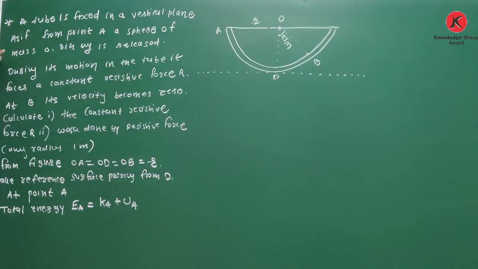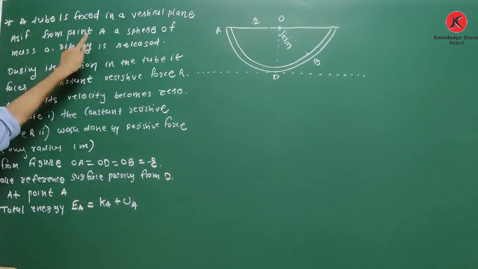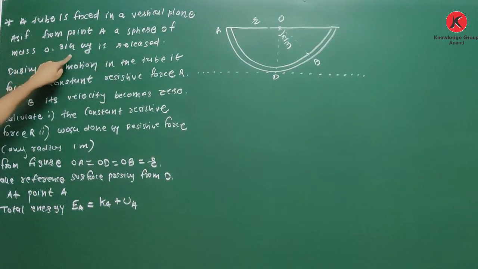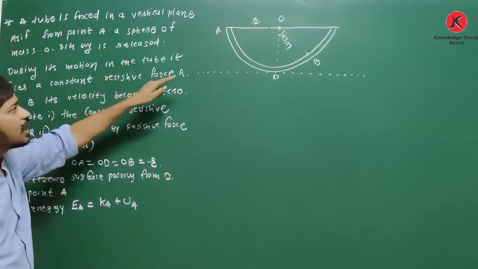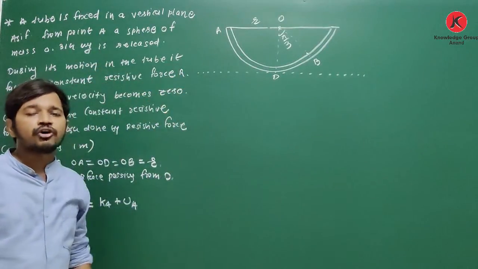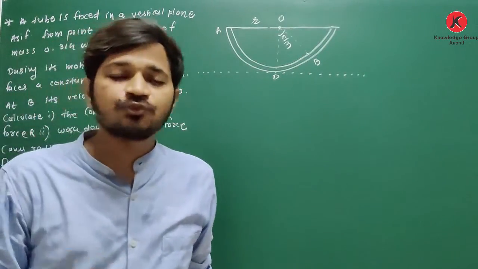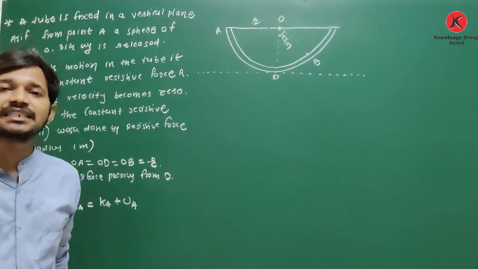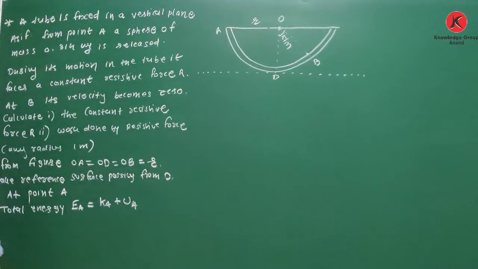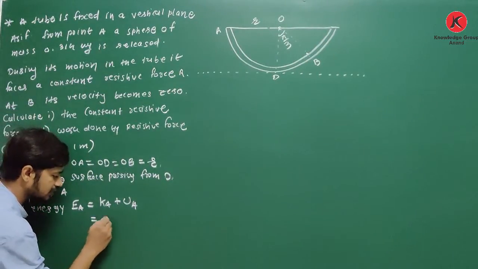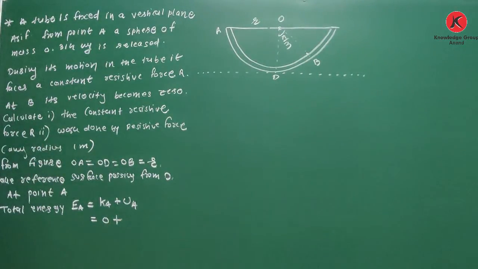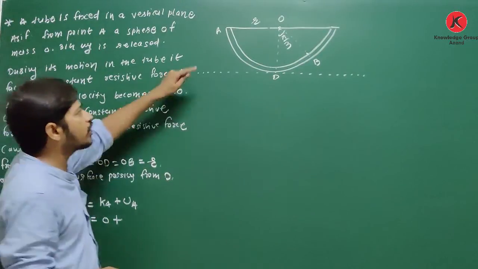But see here, a sphere of mass 0.314 kg is released from point A. Release means it is dropped, so its initial speed is 0. So its kinetic energy is 0. Clear about this? Plus UA, potential energy at point A.